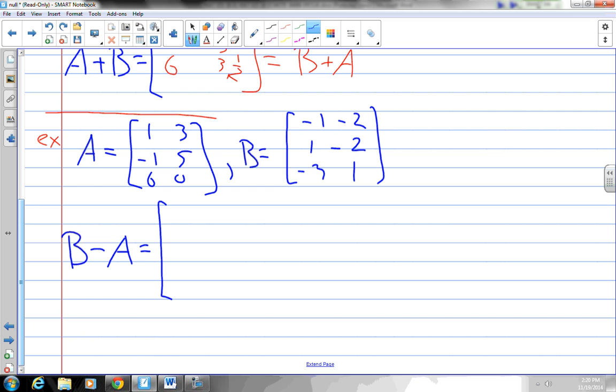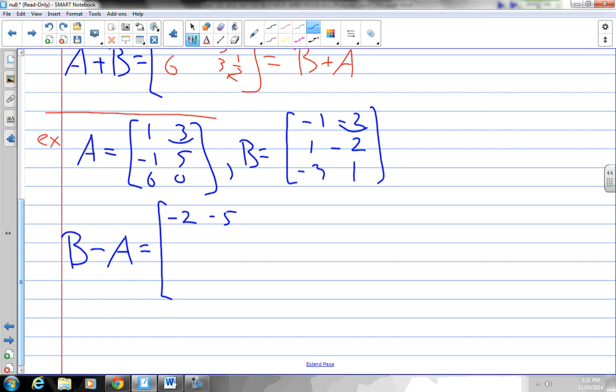Again, we just have to take corresponding entries and subtract them. So what will be the first element here? It's B minus A: -1 minus 1, which is -2, right? And then it's -2 minus 3, so it's -5.